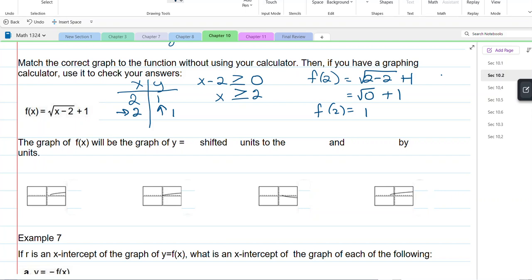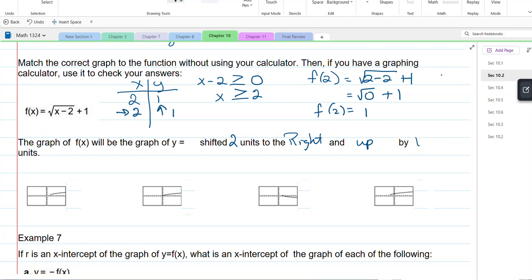So we can immediately say that the graph of f of x will be the graph of y shifted 2 units to the right and up 1 unit, sorry.